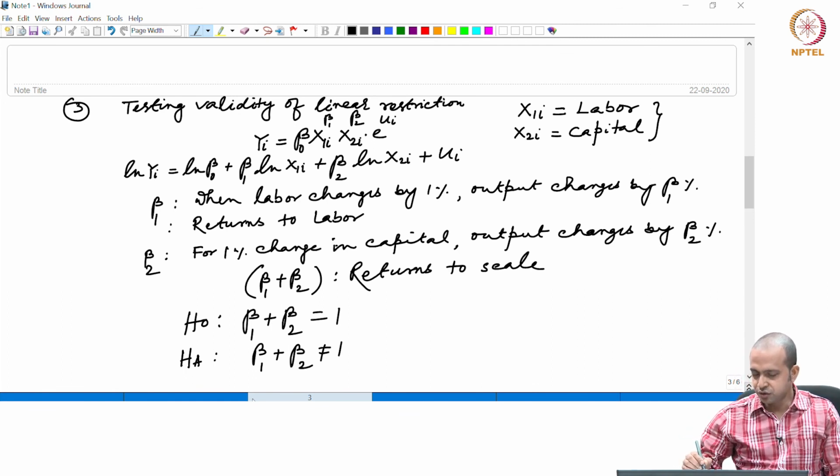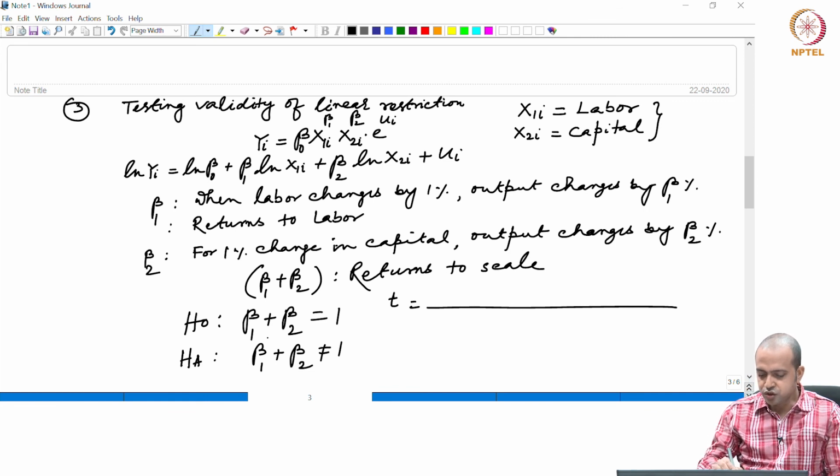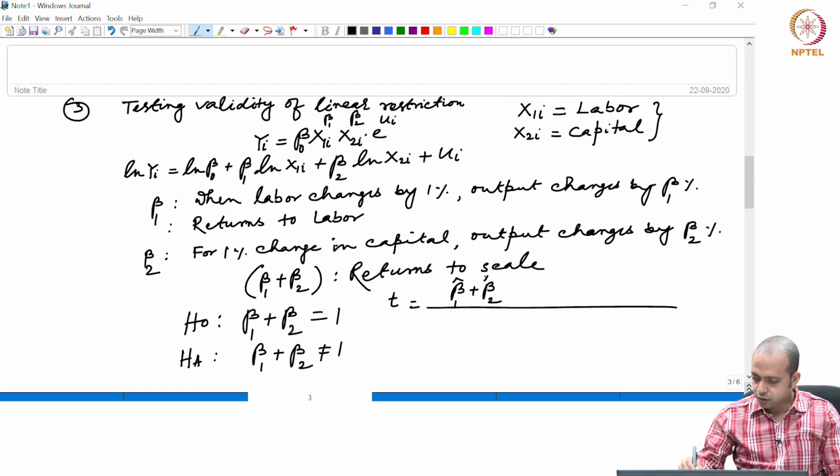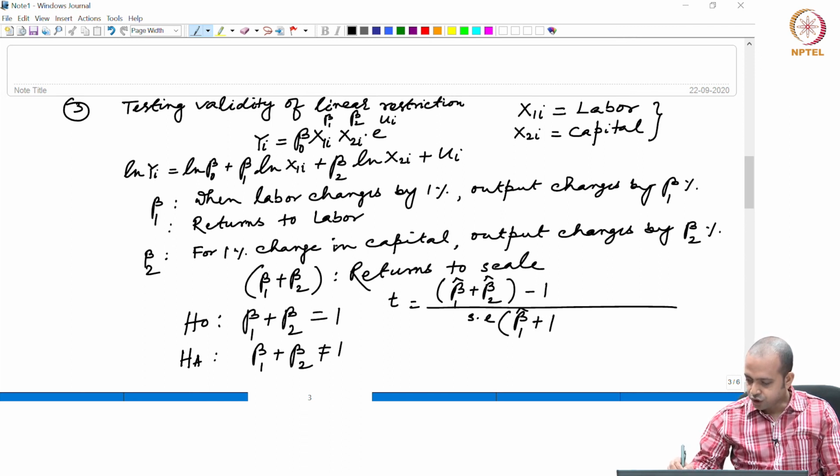When this is your null hypothesis, T was defined as beta 1 hat plus beta 2 hat minus 1 divided by the standard error of beta 1 hat plus beta 2 hat. Okay.